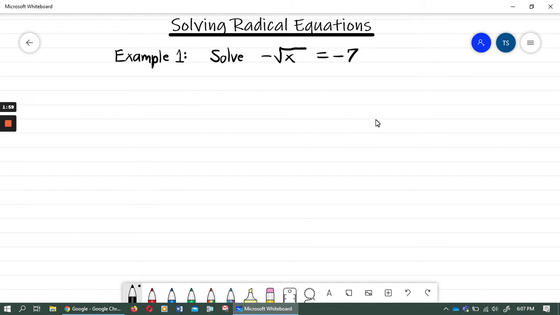Then the first thing you need to do is make sure that radical is isolated. What do we mean by isolated?